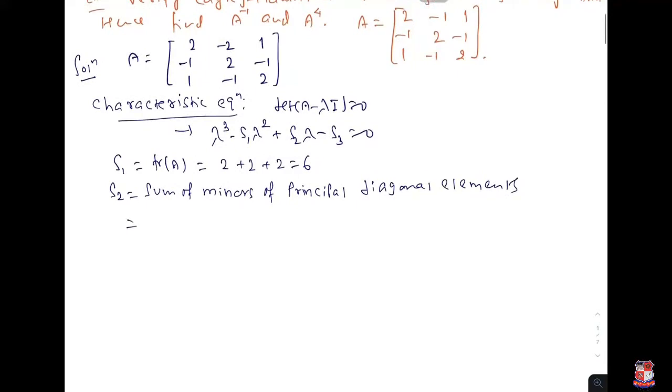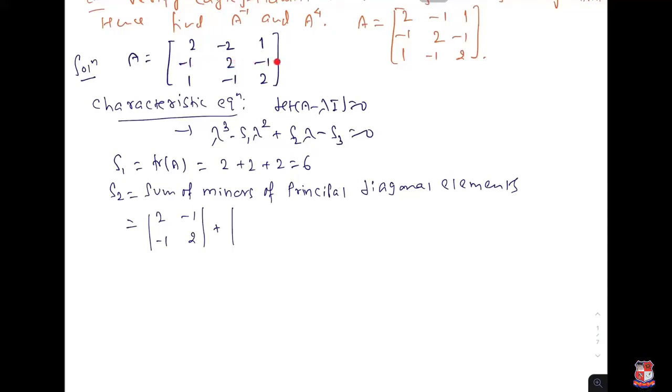So that is equal to, now the minor of these 2, so we have these 4 elements: 2 minus 1, minus 1 2, plus the minor of these 2.